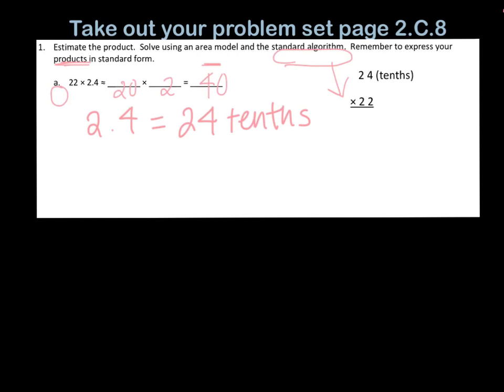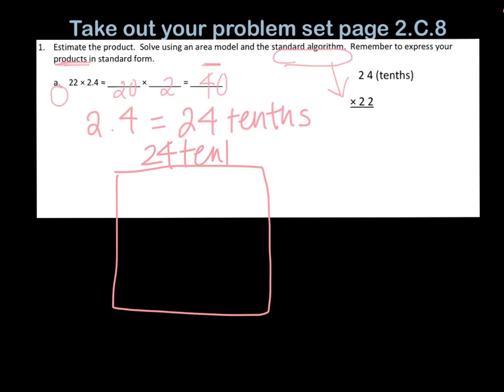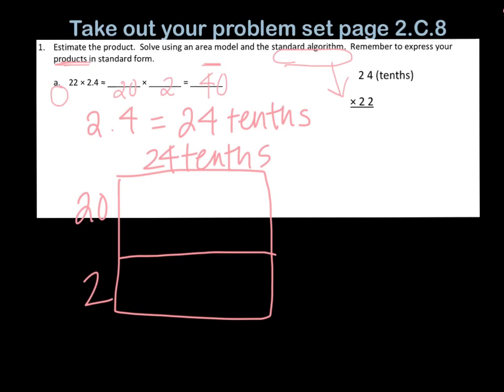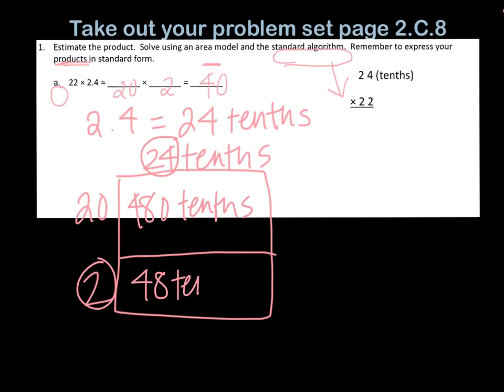So, I'm going to draw my box, and I'm going to write 24 tenths here, and I'm going to split up the 22 into 20 and 2. So 24 times 20 is going to be 480 tenths. And now my 24 tenths times 2, that will be 48 tenths.